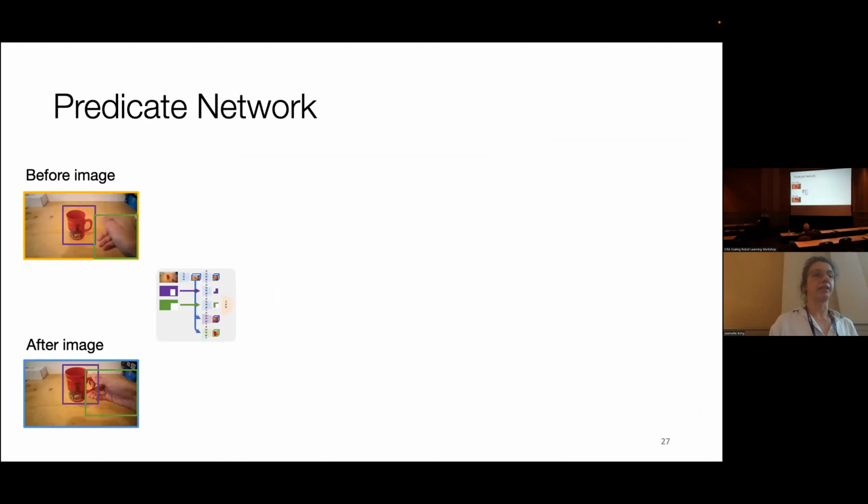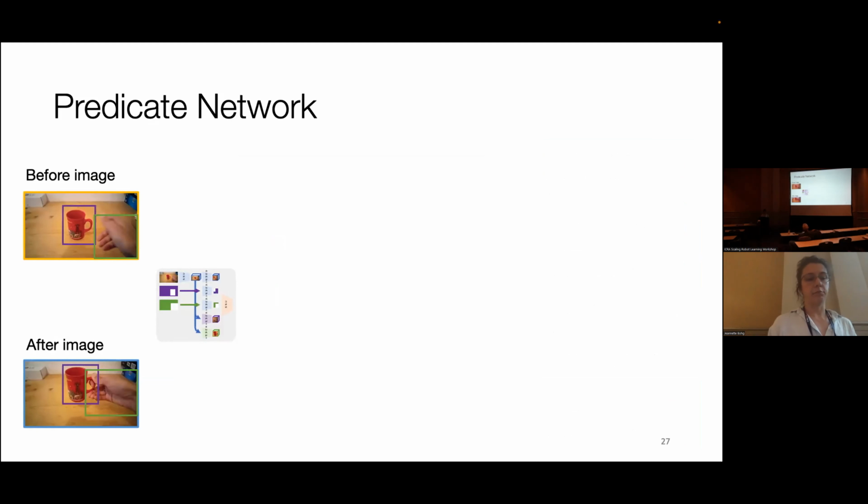And here's how we train that. We send a before and after image from the video of this action that we know is performed in this video into the network, along with the bounding boxes of the objects that we get from some object detector.